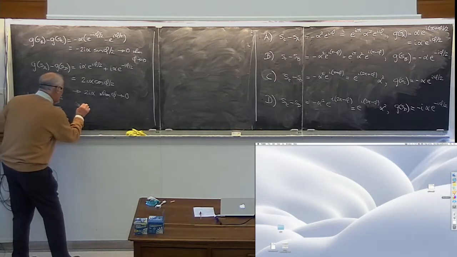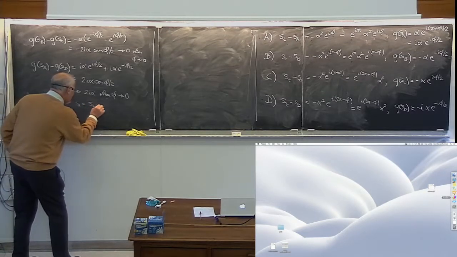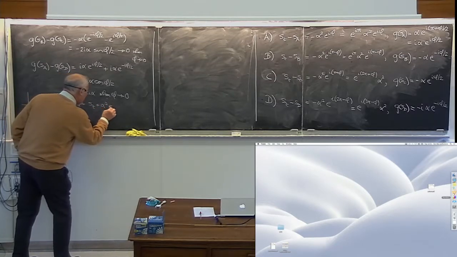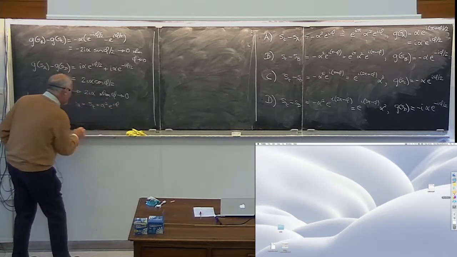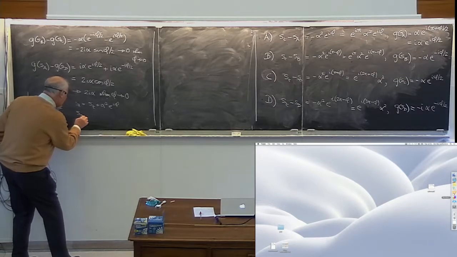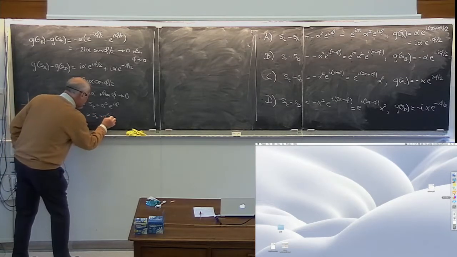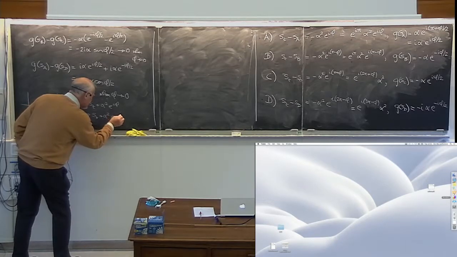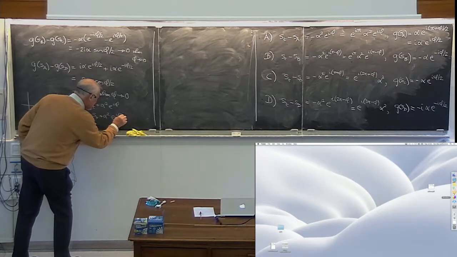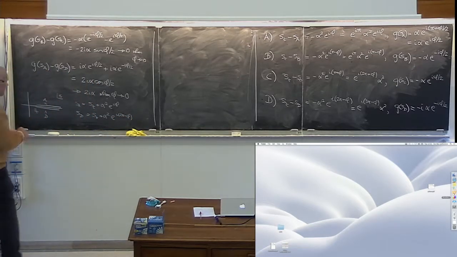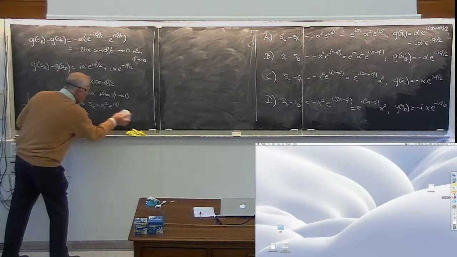S_A equals S_T plus alpha squared e to the I phi, and S_D equals S_T. Well, I didn't actually need to write it again.